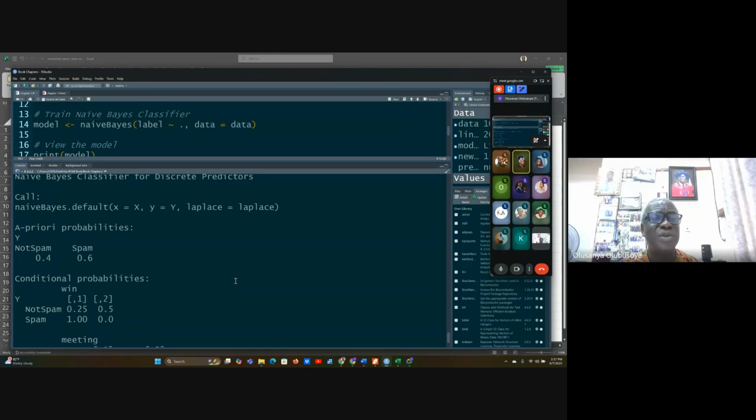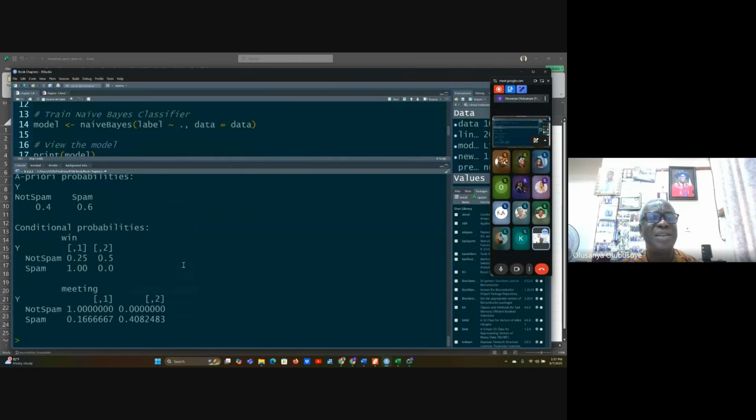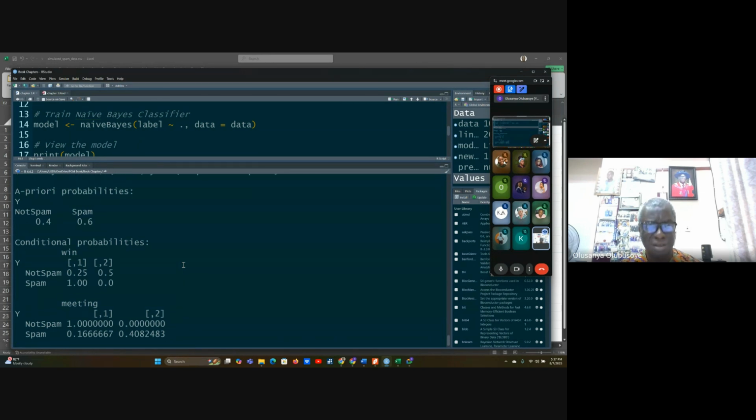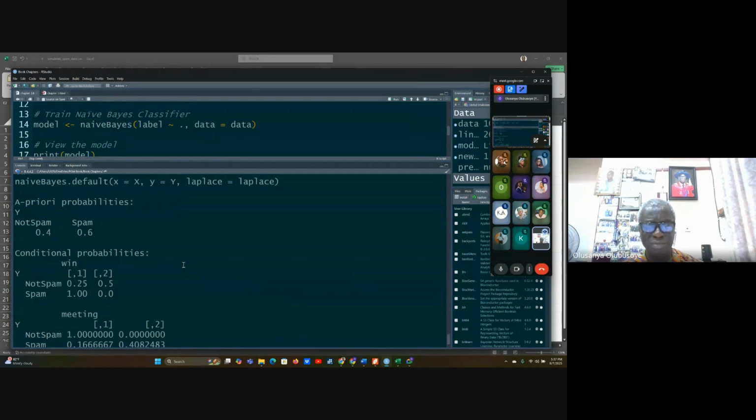Good. So 0.4. Right? So the next set gives you the conditional probabilities. This is where you see conditional probabilities.